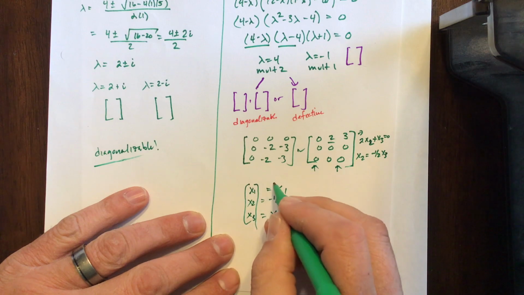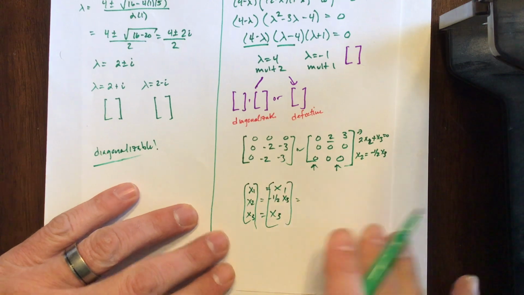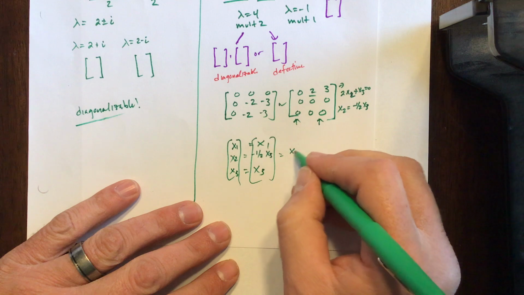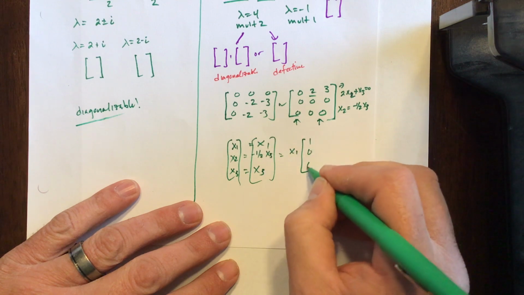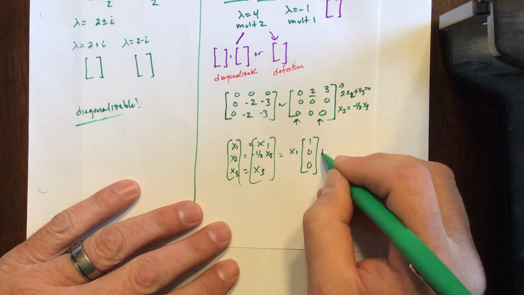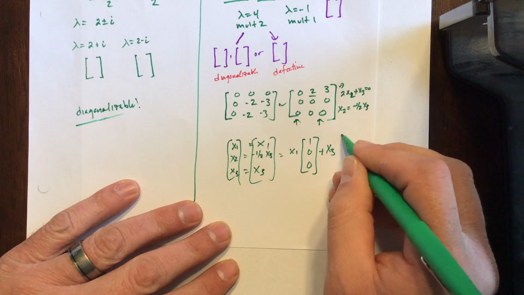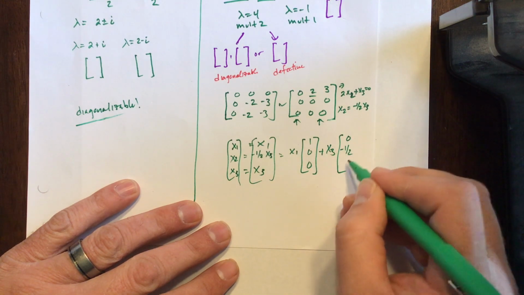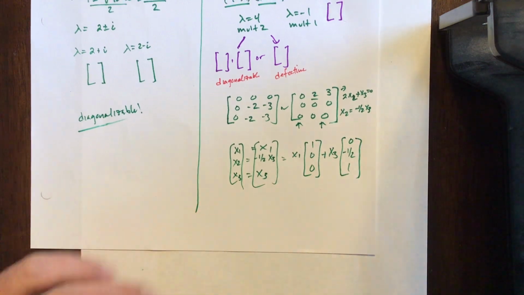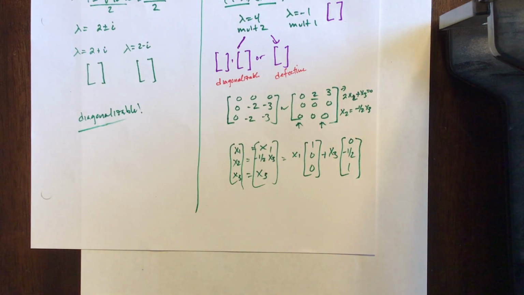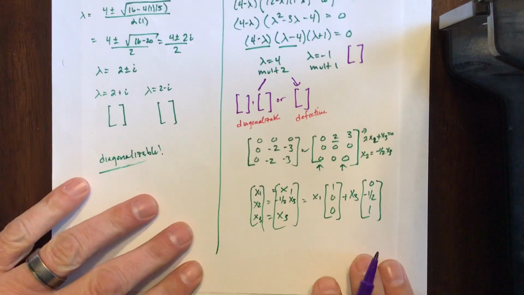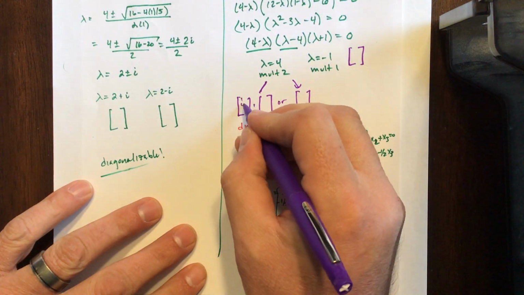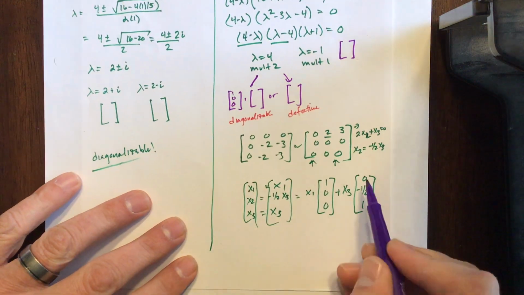So when you look at the null space, it's going to look like x1 times the vector 1, 0, 0, plus x3 times the vector, what? 0, negative 3/2, 1. So 1, 0, 0 is an eigenvector.